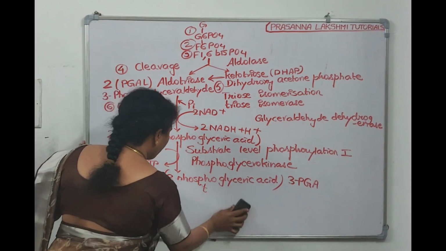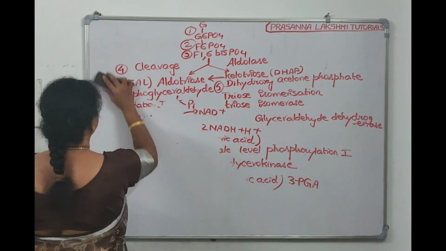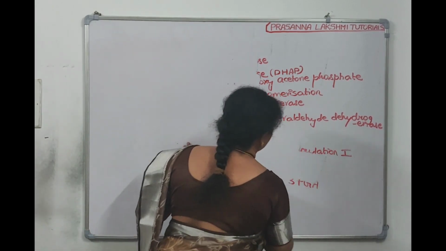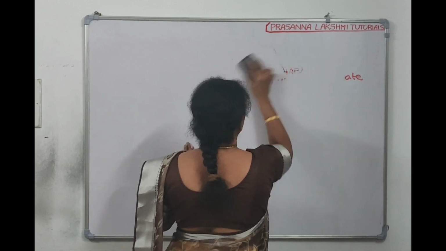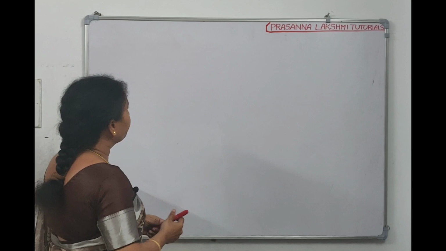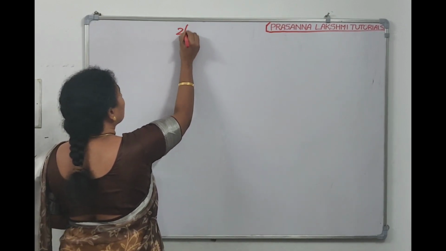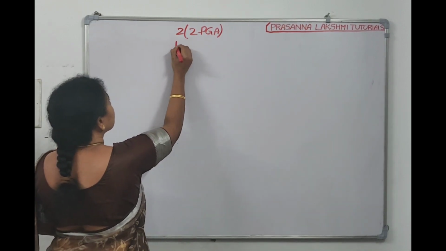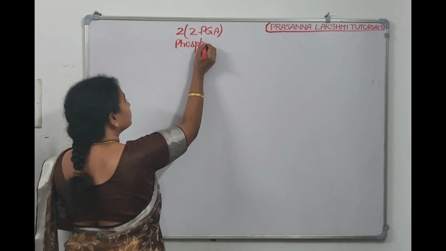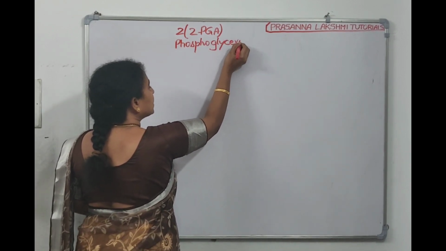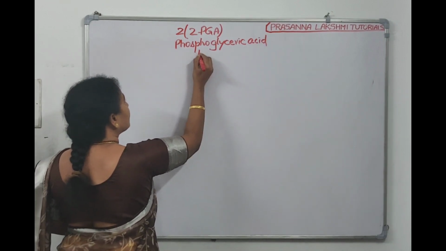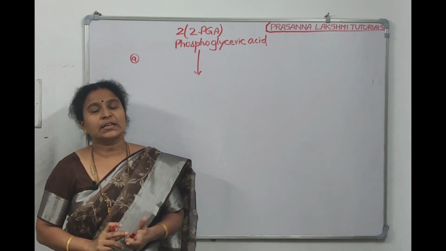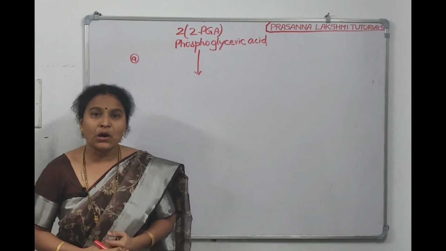Right. So now we are with 2 molecules of 2-phosphoglyceric acid. Now for the 9th reaction, we will convert phosphoglyceric acid into phosphoenol pyruvate.